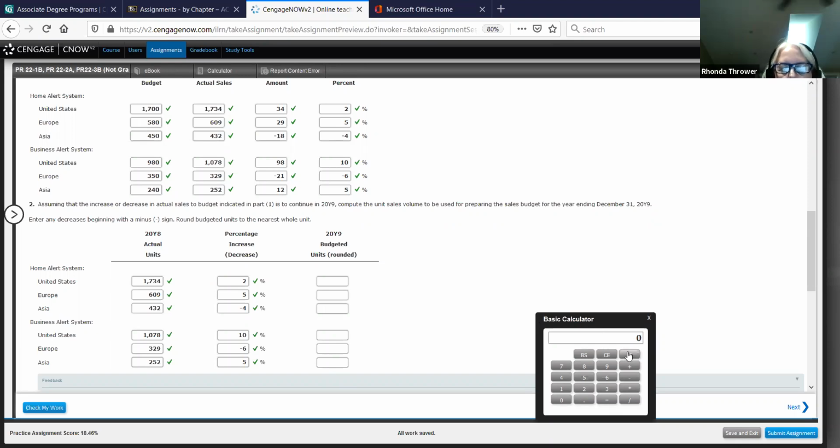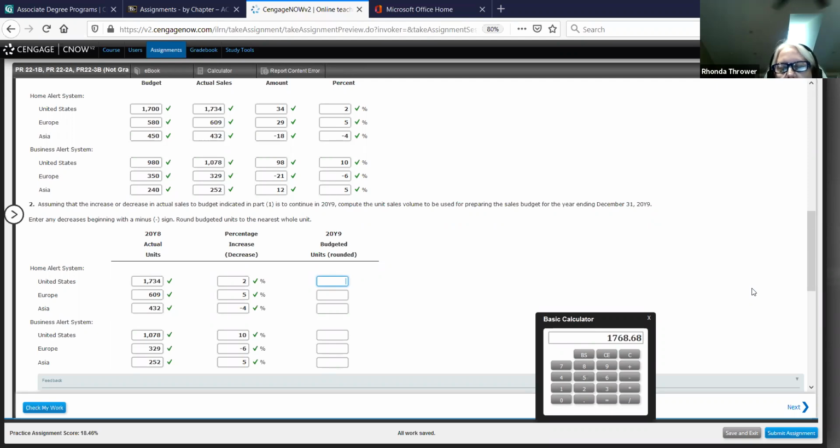So 1734 times, now watch what I do here. I'm going to put 1.02 because this was a 2% increase. I'm adding it to 100%. And when I multiply that out, it gives me the number of units. And that way I won't have to add the percent of increase to the actual units.